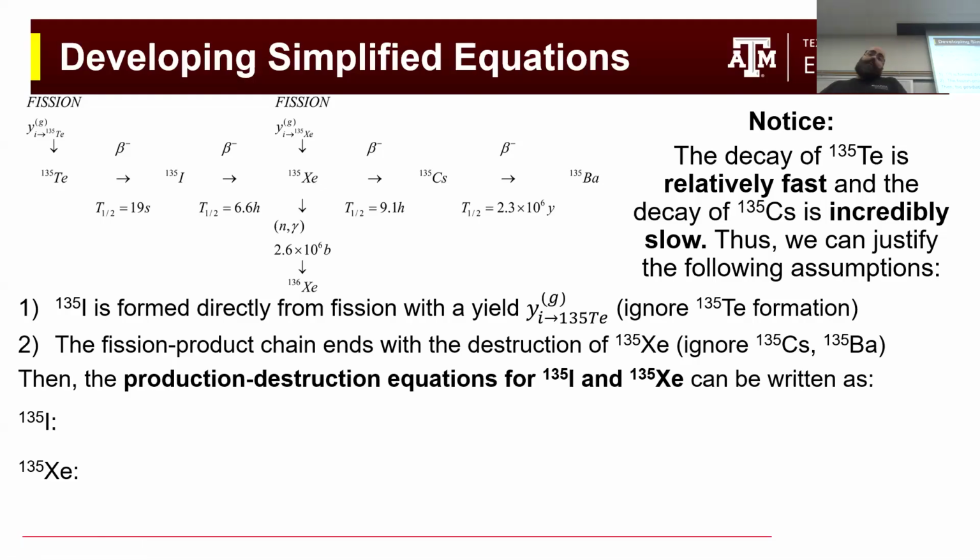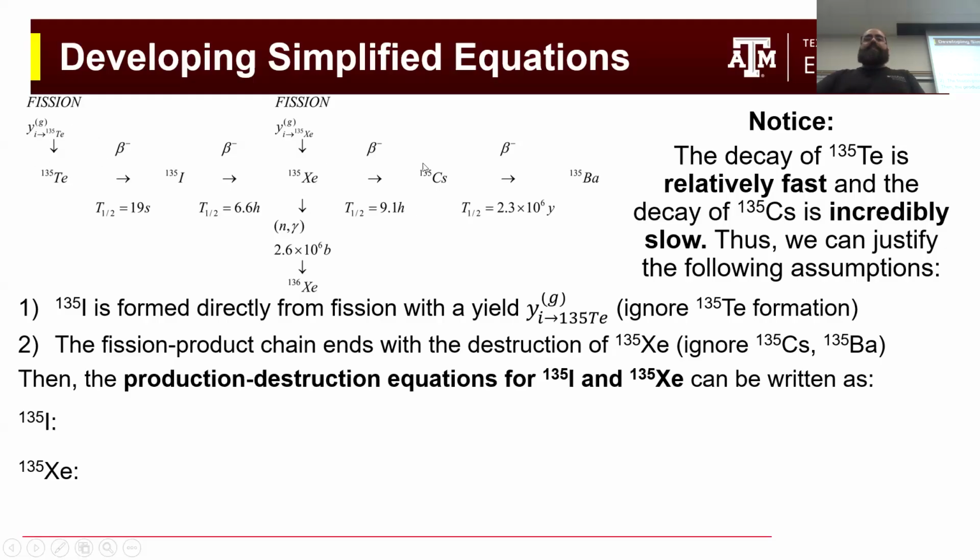So when we're looking at production destruction equations, which are usually on the order of hours, that half-life is basically negligible, such that we can assume that this iodine-135 just gets produced directly from fission. We can ignore the production of tellurium, and say that iodine-135 gets produced from fission with a yield that corresponds to the yield of tellurium.